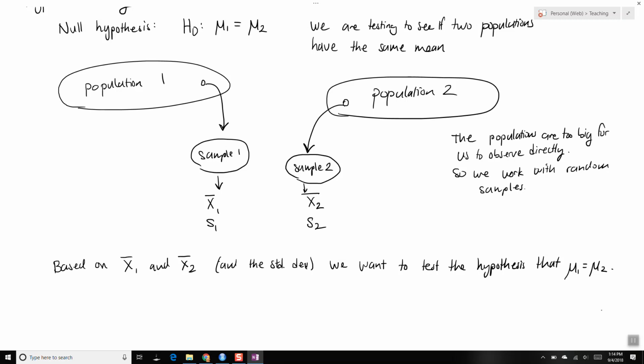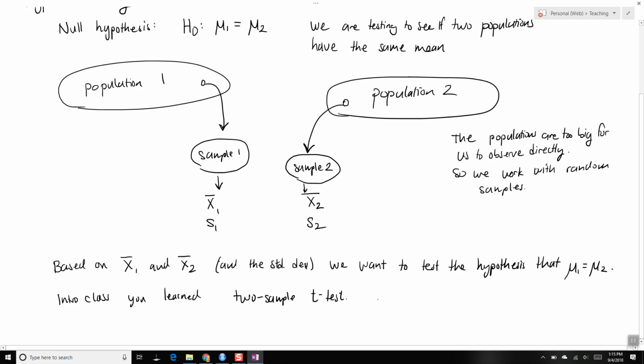What is the appropriate test to use here, by the way? What do we use? The two-sample what test? T-test, right? In your intro class, you learned the two-sample t-test.